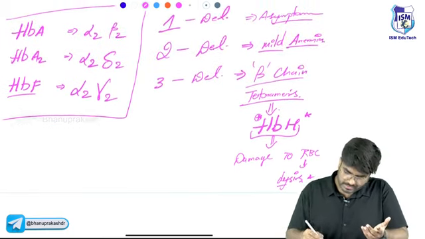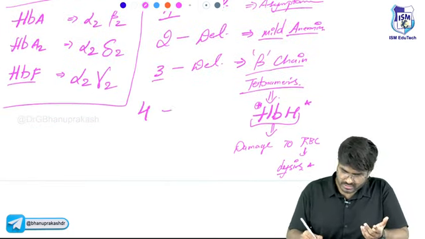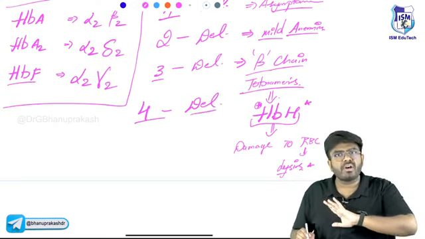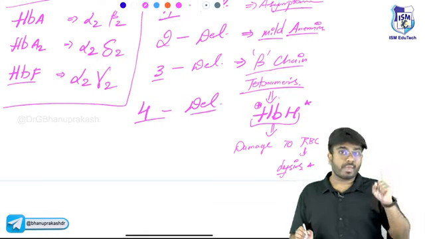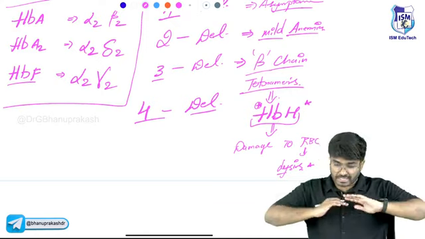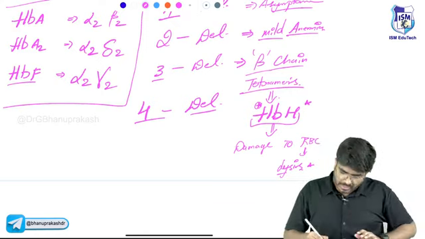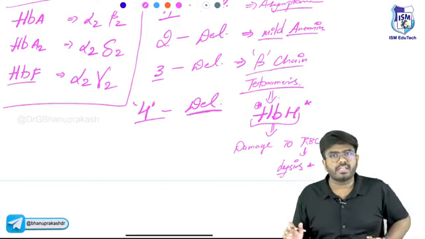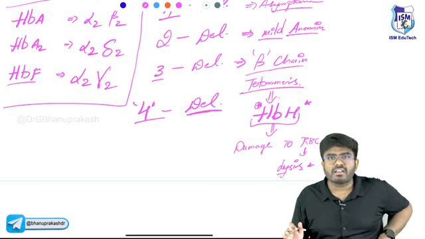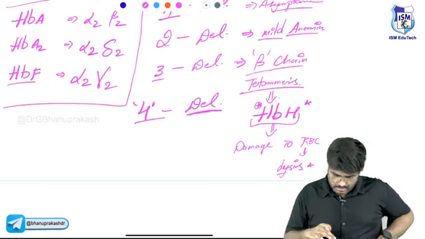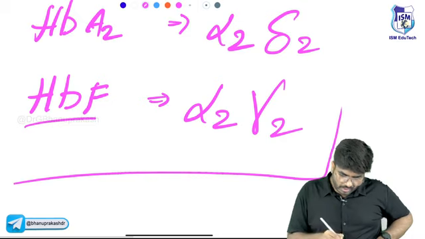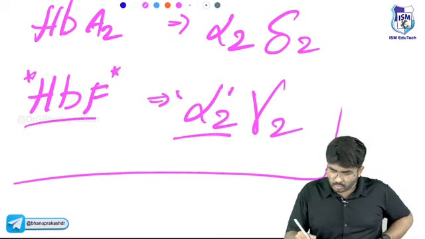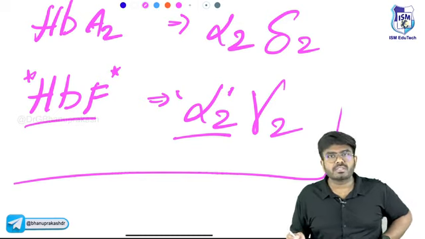If 4 alpha genes are deleted, tell me, there is no alpha globin chain at all. From birth itself, or I should say in utero itself, the baby is not having any alpha genes, all alpha genes are deleted. If all alpha genes are deleted, the baby cannot produce any alpha globin chains. Sir, during intrauterine life, what type of hemoglobin is there? Hemoglobin F is there. Hemoglobin F also has 2 alpha globin chains.